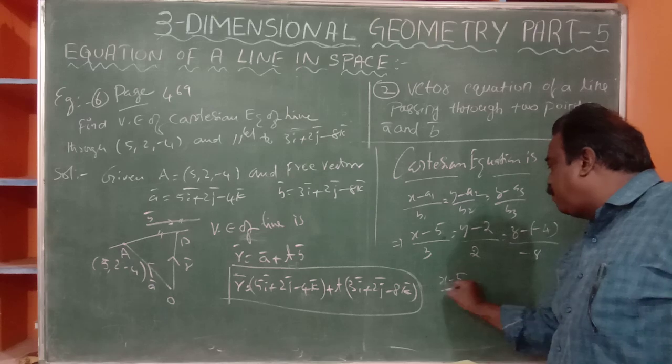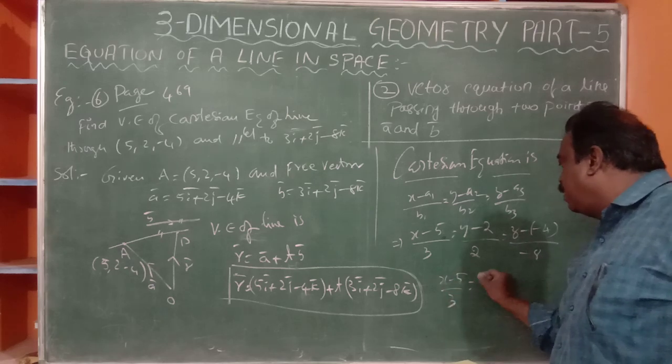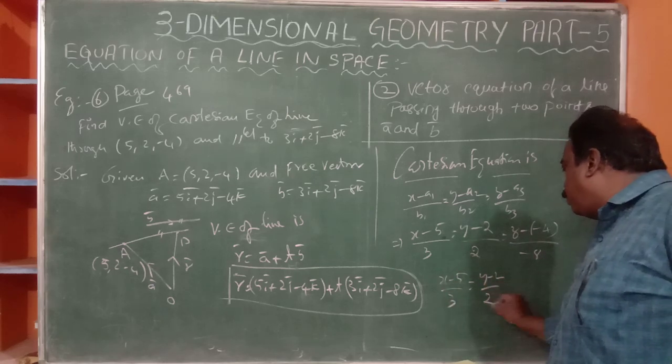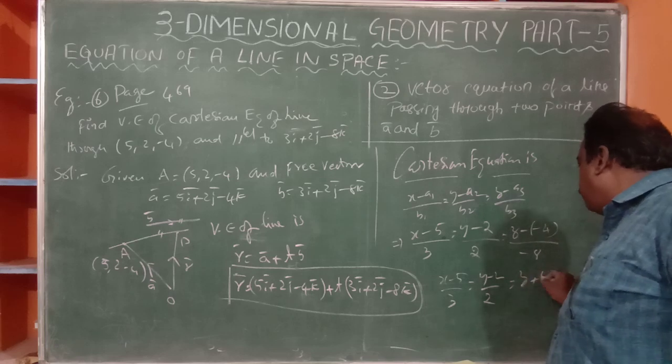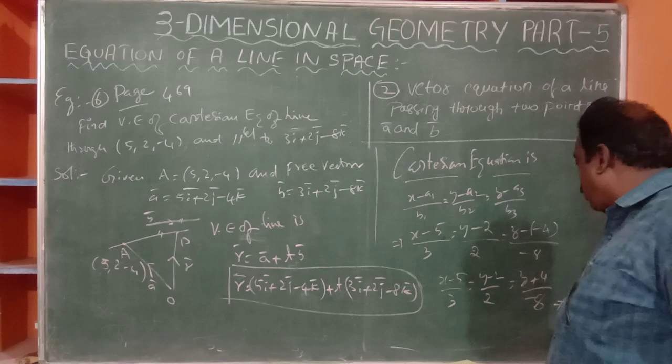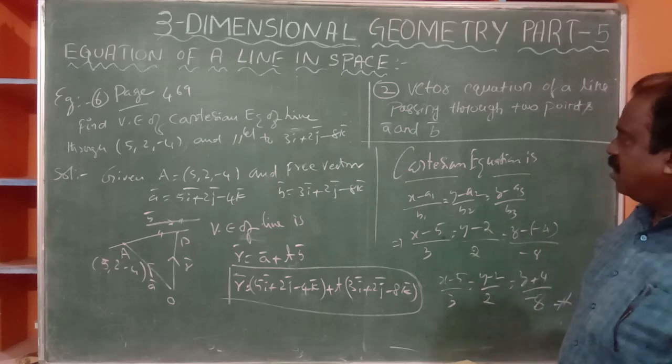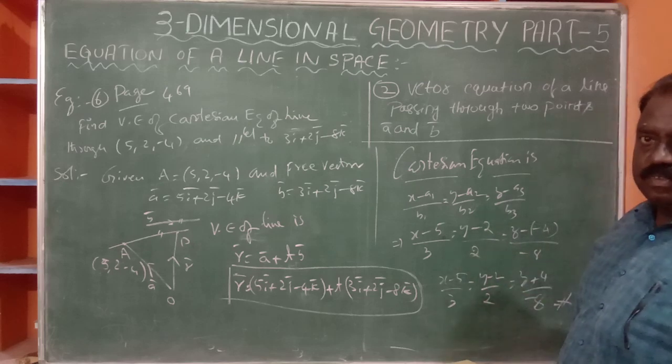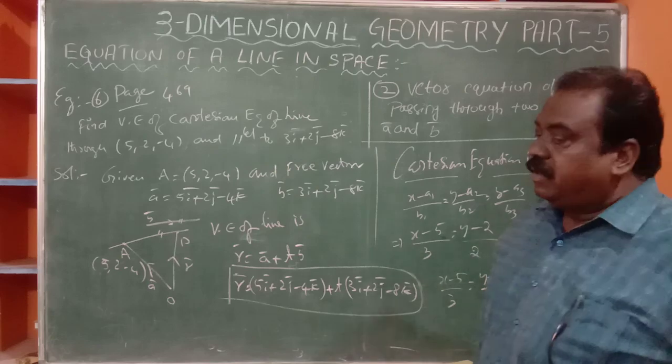So x minus 5 by 3, y minus 2 by 2, z plus 4 by minus 8. That is the Cartesian equation.